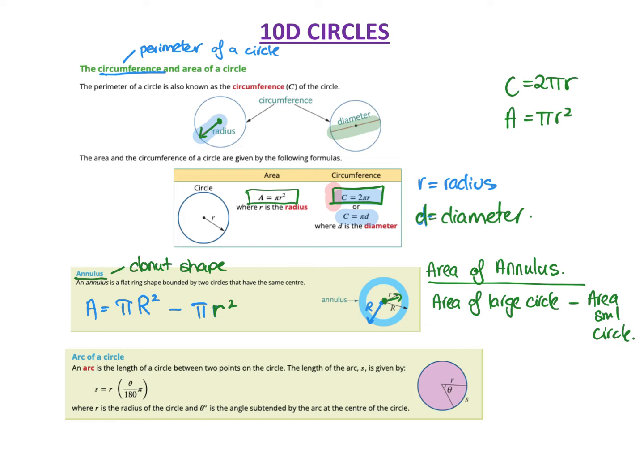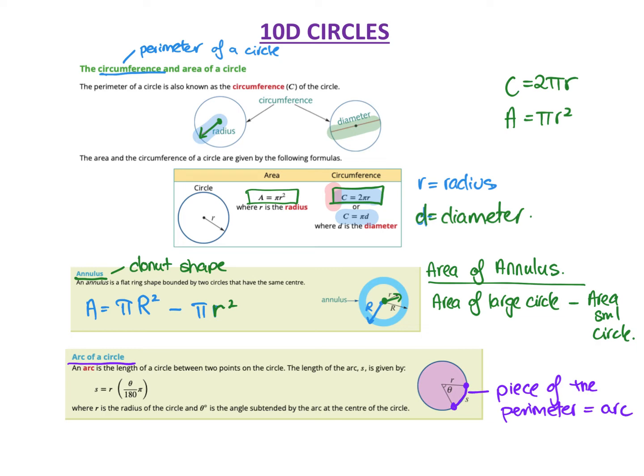Now, the arc of a circle is a length between 2 points. So here, an arc is this edging length. So it's like a piece of the perimeter. So maybe write that, a piece of the perimeter equals an arc, okay?